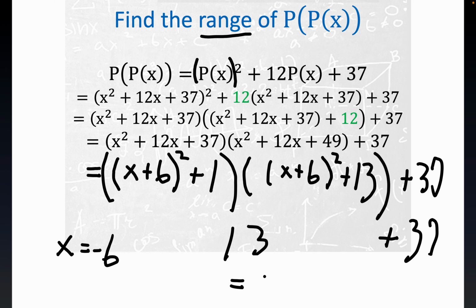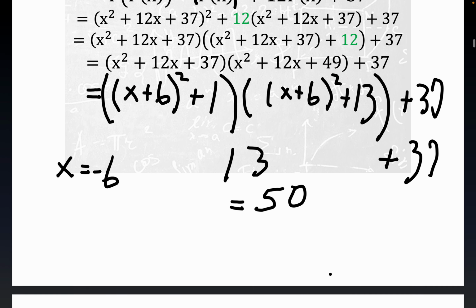That represents the smallest value that the composition can take on. Again, folks, we started right here, p of x, did all this algebra, and then we got to a stage where we realized that if we substitute negative 6 into the expression, p of x would be as small as it could be, because this part right here would be 0 at negative 6. This part right here would be 0. You'd have 1 times 13 is 13, plus this 37 is 50. So 50 would be the smallest value in the range.